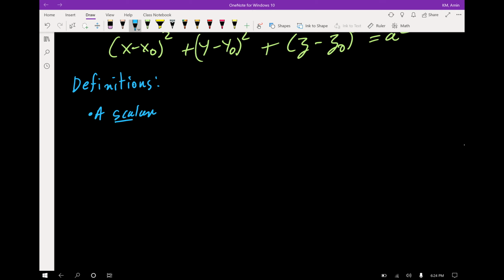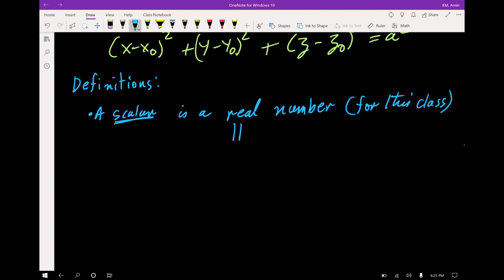A scalar is a real number for this class. And that's the symbol for real number.